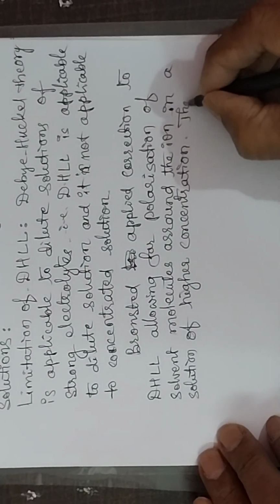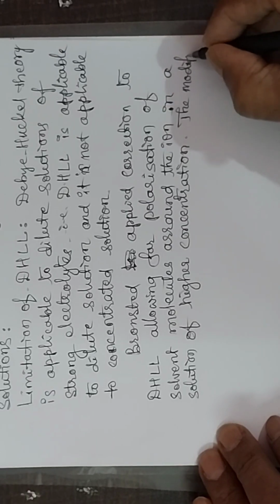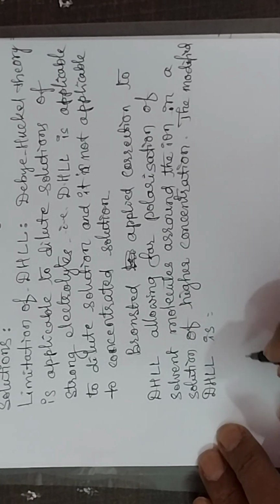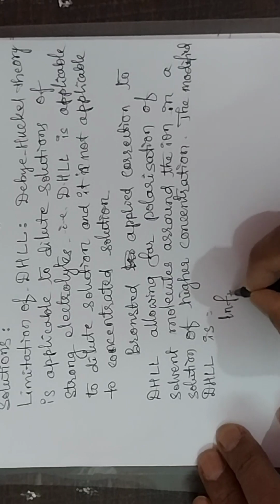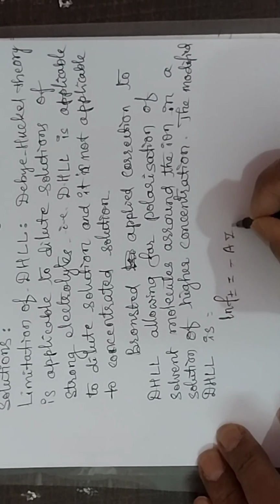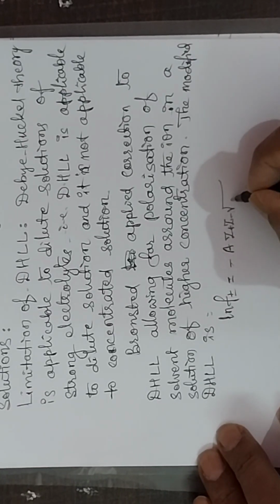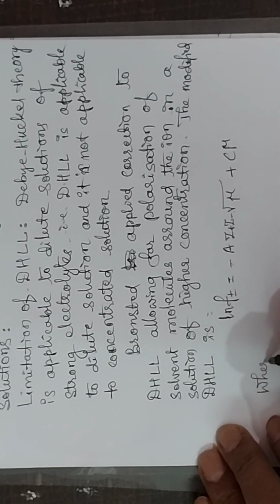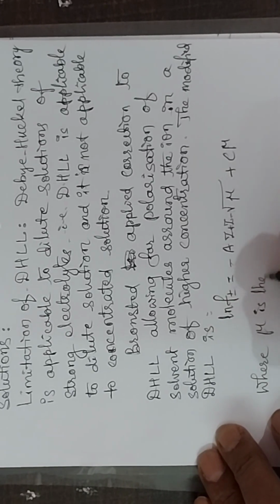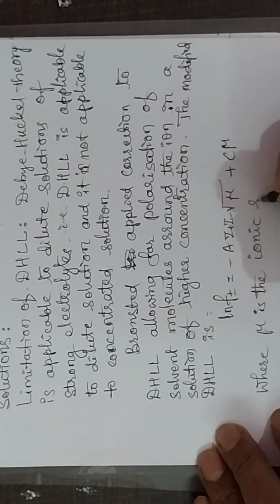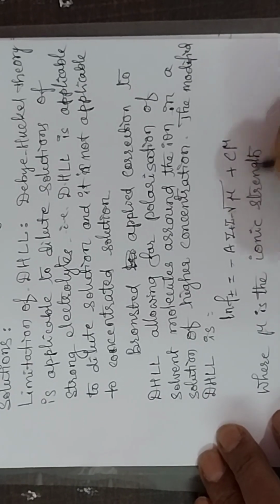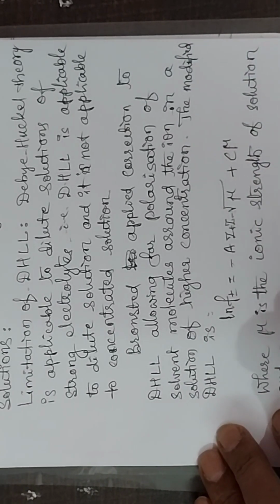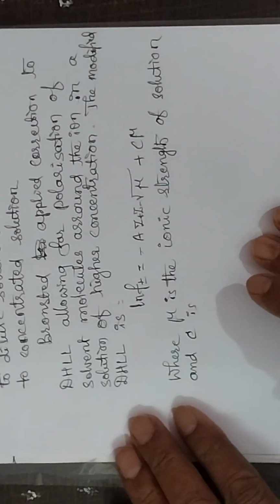The modified Debye Huckel limiting law is, that is, ln f plus or minus equals minus a z plus z minus square root of mu plus c mu, where mu is the ionic strength of solution, and c is a constant.